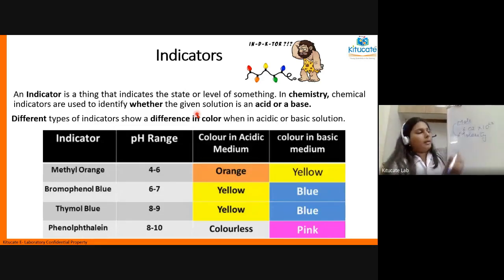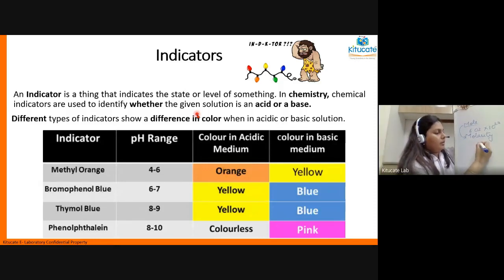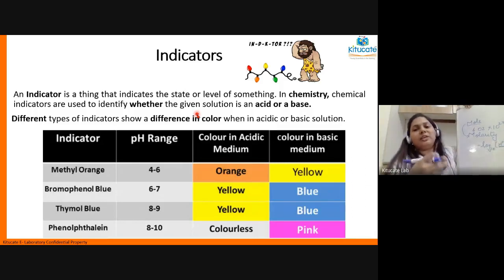Now, the formula which I had said, the log to the base 10 of H plus ions. Here, the H plus ions, whenever they do research and they find out in numbers, they count it and all that.